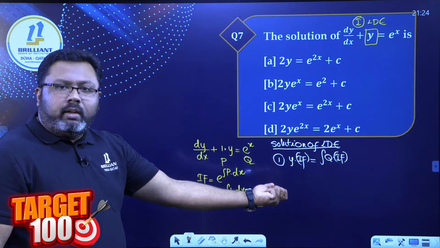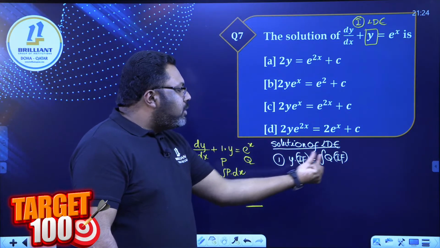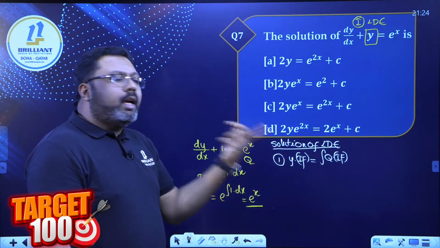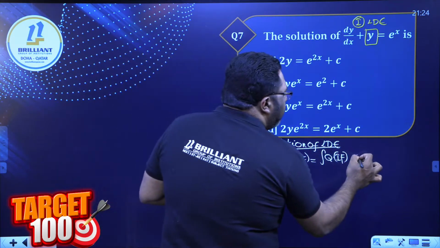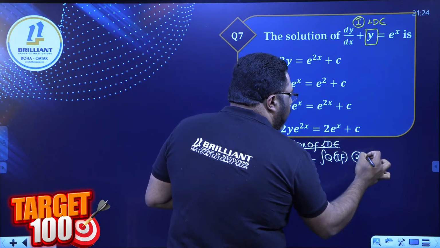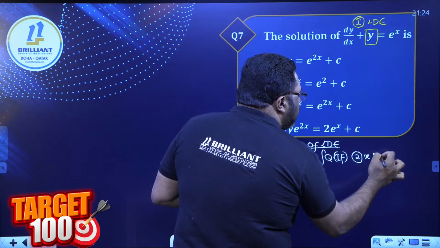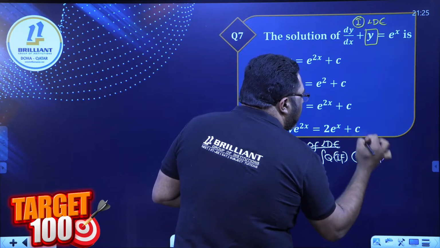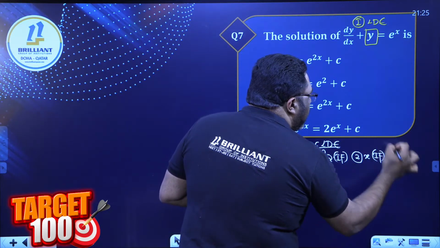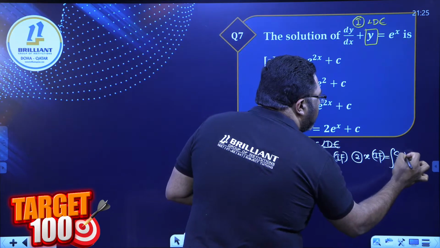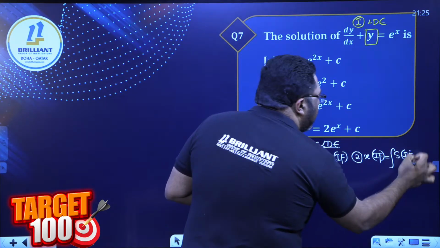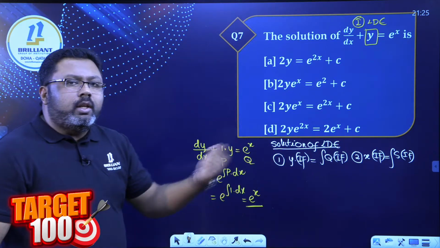For the second type of LDE, it is x into integrating factor, because in the second type the standard variable is x, equals integral s into integrating factor. Please refer to your notes.